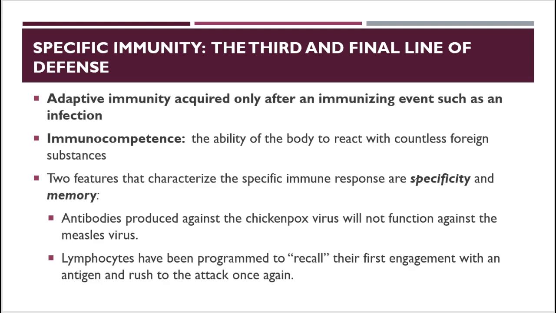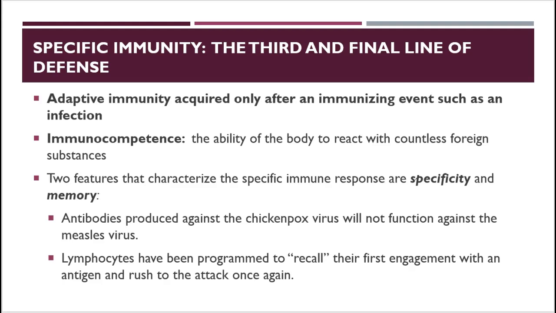So, we mentioned in chapter 12 different lines of defense that are involved in the human immune system and in initiating an immune response. Chapter 13 focuses on the third and final line of defense, and this is specific immunity.